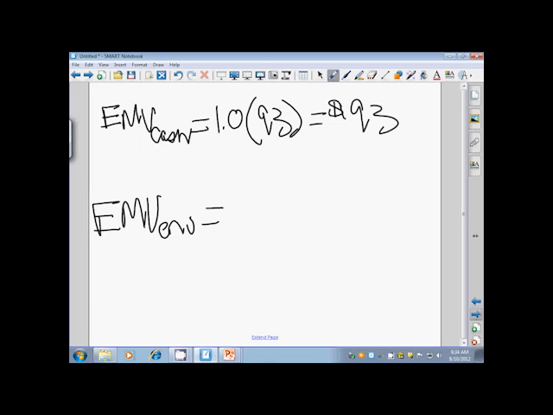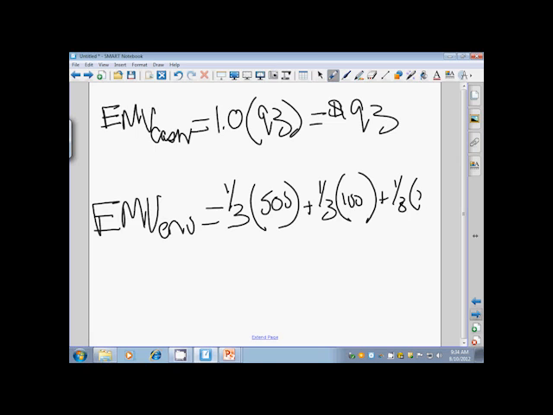So my expected monetary value is a 1 in 3 chance of getting $500 plus a 1 in 3 chance of getting $100 plus a 1 in 3 chance of getting $20.